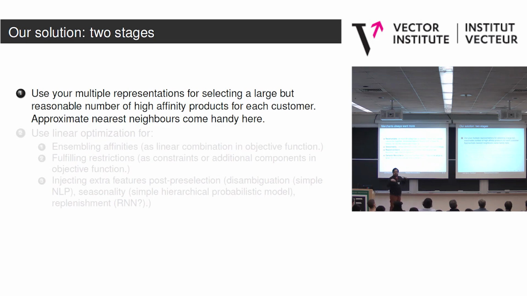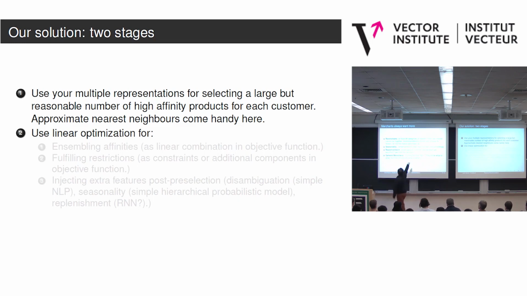Another one is some sort of word-to-vec type of thing. And then there is another one that is super naive, using basically bags of words. And then for each of those, we generate for each customer a long list of recommendations, hundreds.